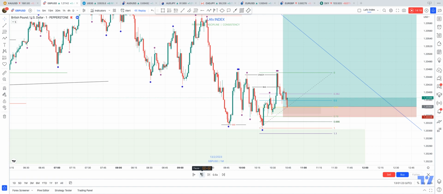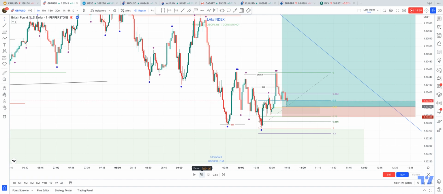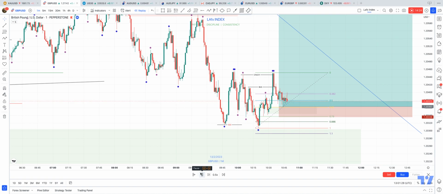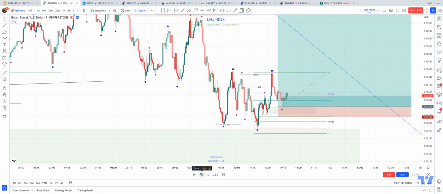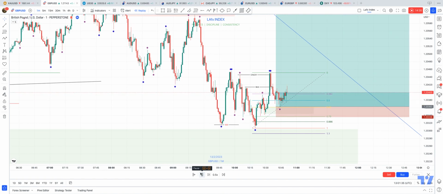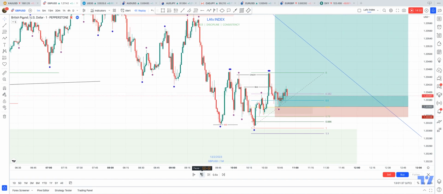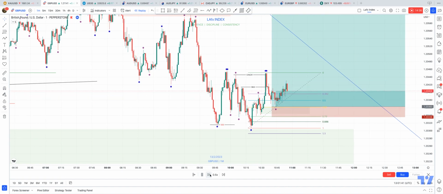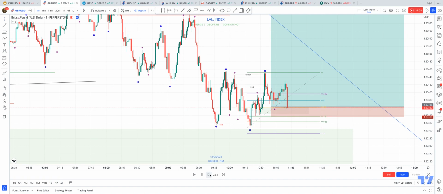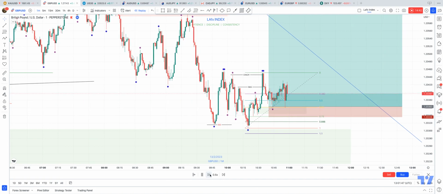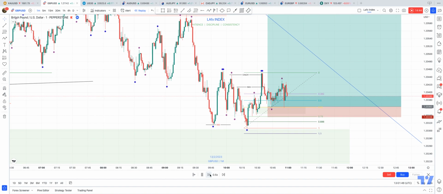Price taps into our area. Now let's see if we can get some sort of re-entries here.